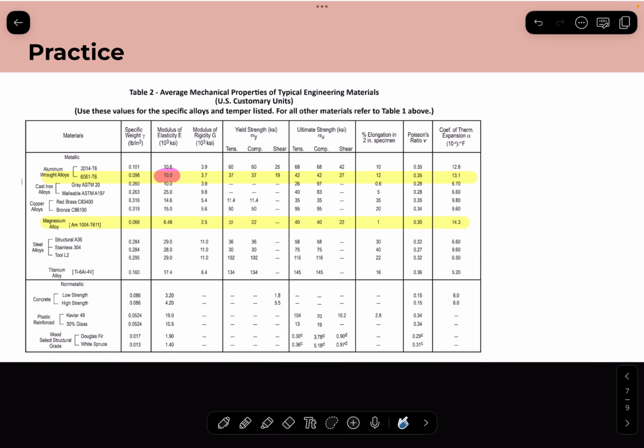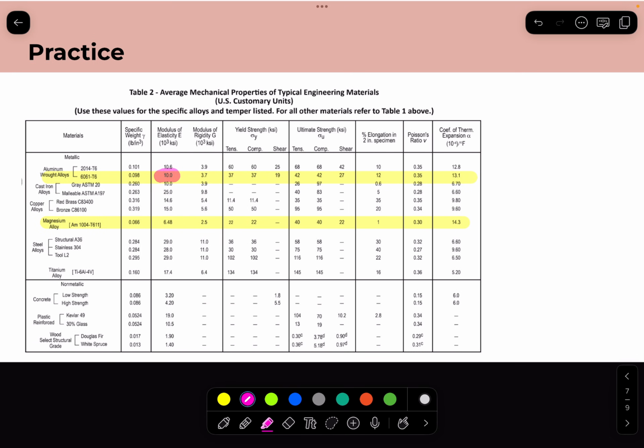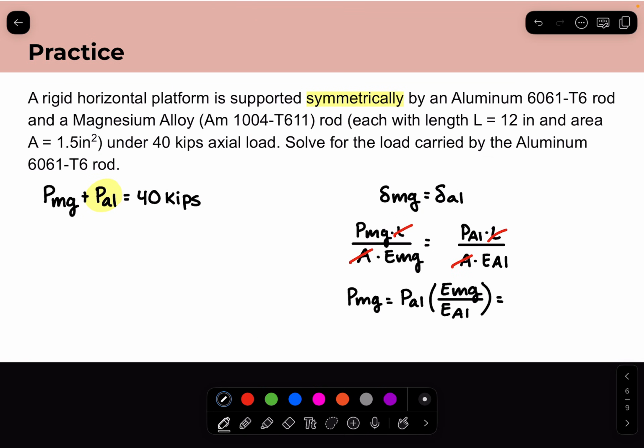Aluminum is going to be this 10 here, and magnesium is going to be this 6.48 times 10 to the third. We need magnesium first, so 6.48. And then aluminum is 10.